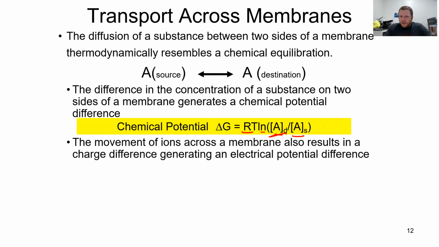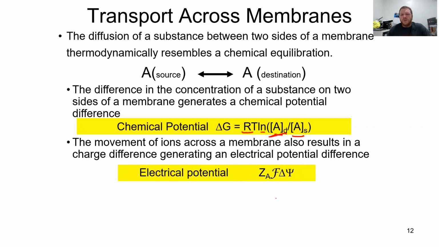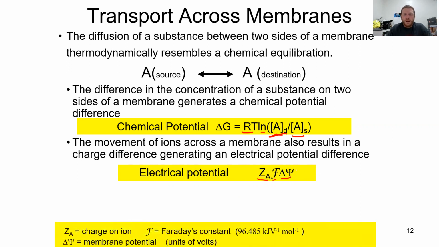Now, the movement of ions across a membrane also results in a charge difference, generating electrical potential difference, in which case we see that displayed as Z sub A times Faraday's constant times delta psi. Now, in all of those, Z sub A is the charge of an ion, Faraday's constant is displayed right here, and delta psi is membrane potential, units for volts.